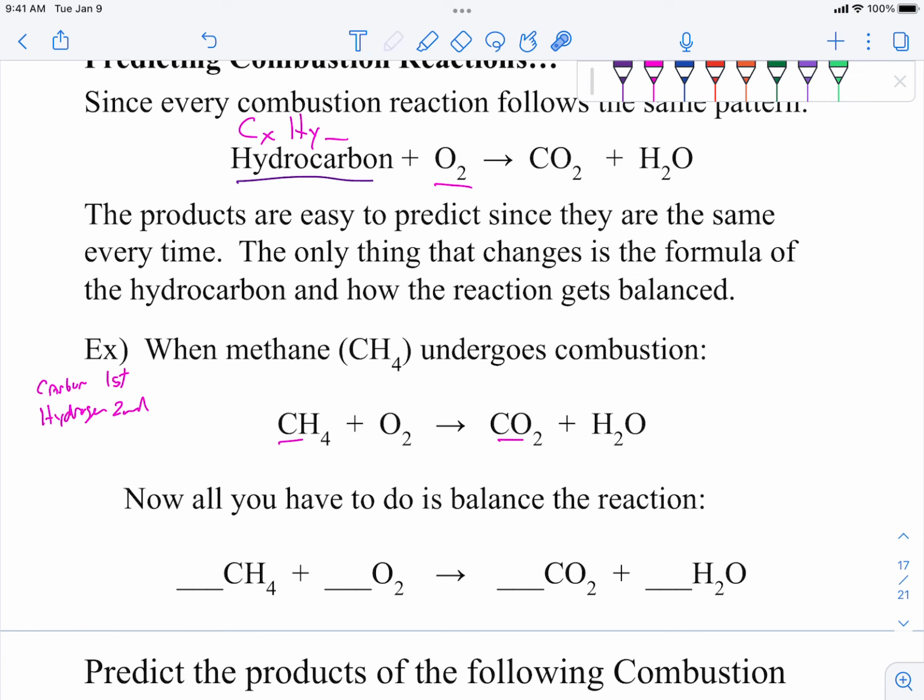Currently, I have 2 H's on the right. So if we put a 2 here, that fixes our hydrogen. All right, and then the only other element that we have not addressed is oxygen. So 2 O's here, 2 O's here, makes for a total of 4 O's on the product side. Okay, to get 4 O's on the reactant side, you just needed 2.